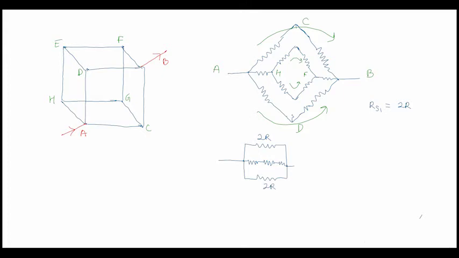This is A and this is B. If I apply the formula for R parallel, then 1 by R parallel is equal to 1 by 2R plus 1 by R plus 1 by 2R. We write this as 6R, so R parallel can be written as 6R upon 8, that is 3R by 4. So the value is 3R by 4.